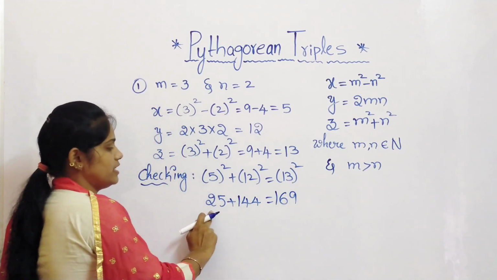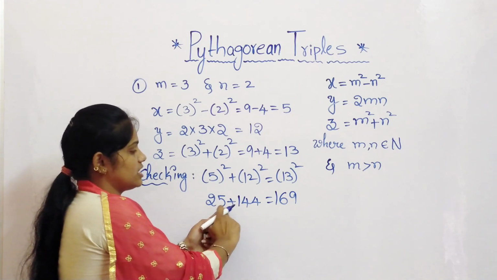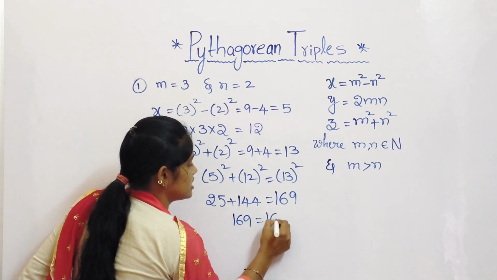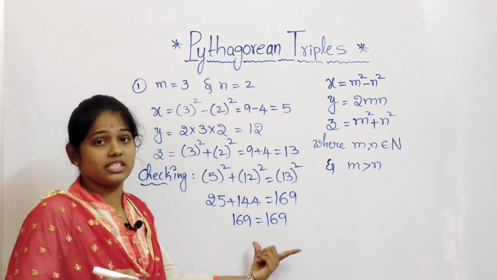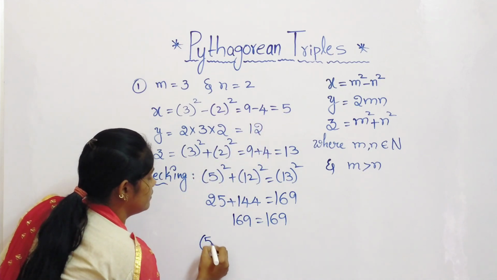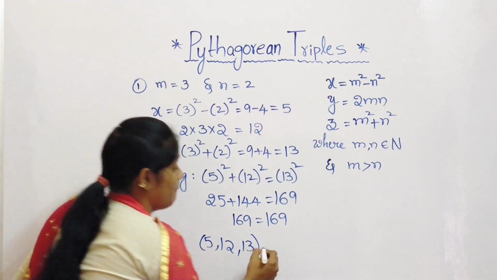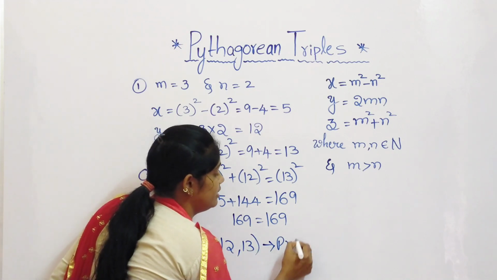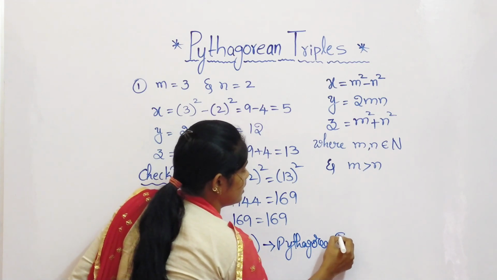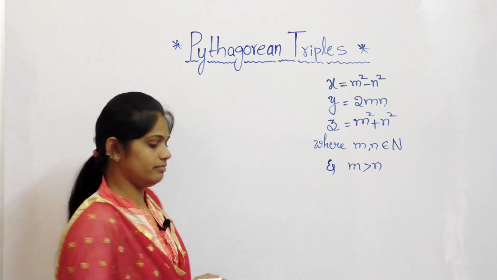Here 144 plus 25 is 169. So 169 is equal to 169. It is a satisfied condition. So we can say that 5, 12 and 13 is a Pythagorean triple.